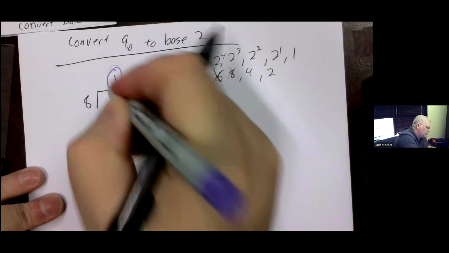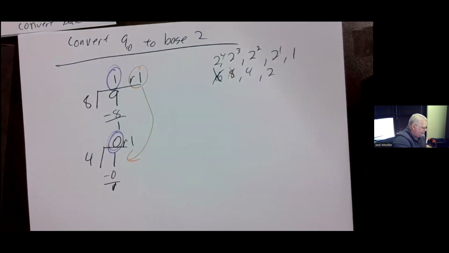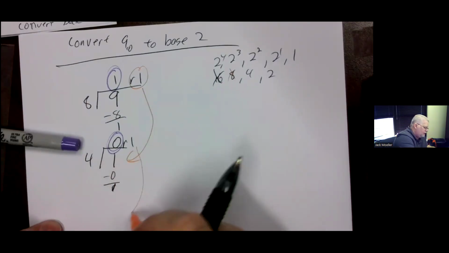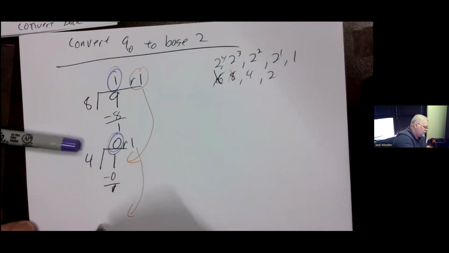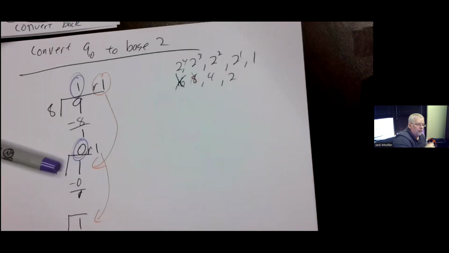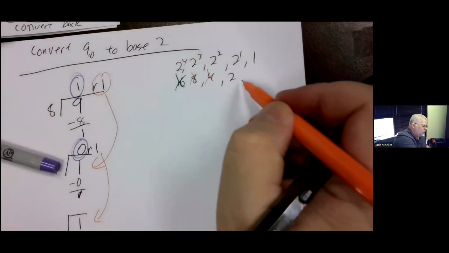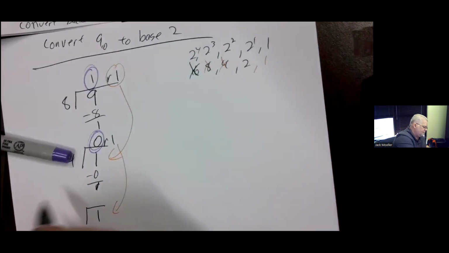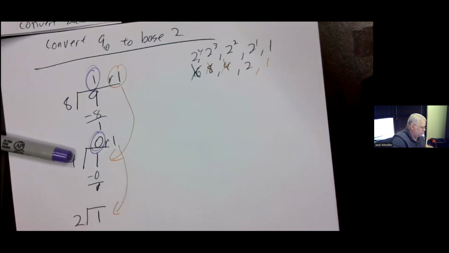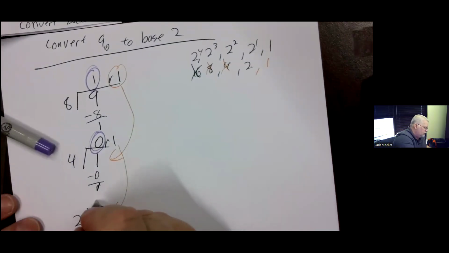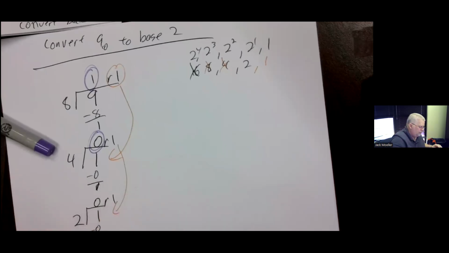These are what's going to give us our answer. So now we take that remainder 1. That's going to be inside our next division. So what do we divide it by? We've already divided by 4, so now we have to divide by 2. Same thing happens: 2 goes into 1 0 times, remainder 1.